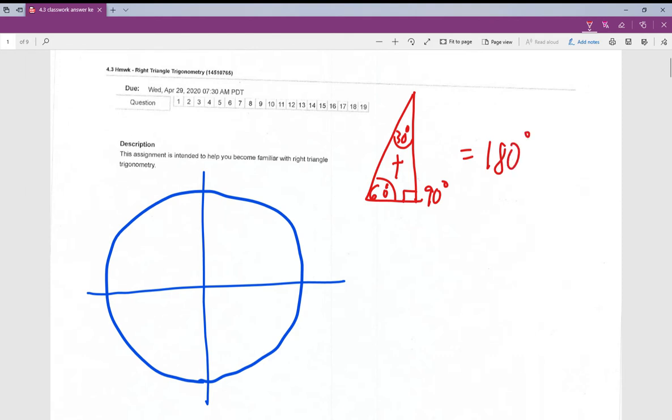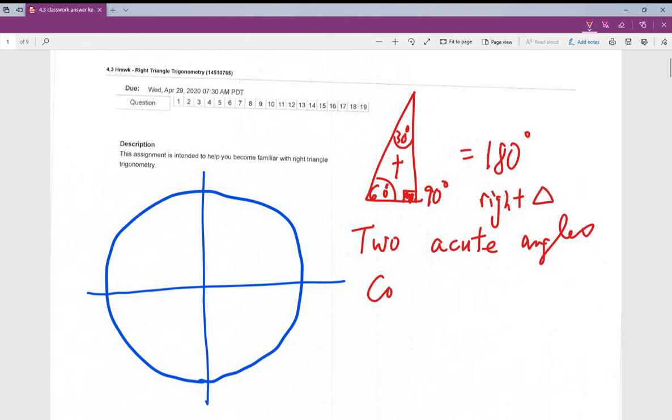Okay, so in other words, if you have a right triangle, then you have two acute angles. These two acute angles are complementary.